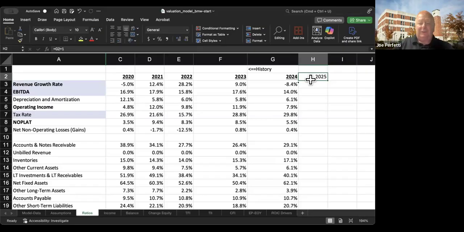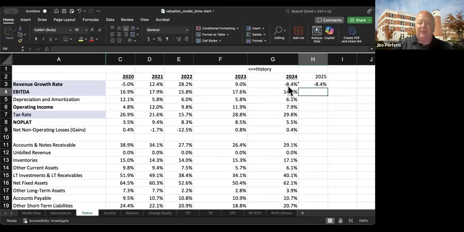Now, the first ratio that we're going to forecast is the revenue growth rate. So back here in H3, as a placeholder, we're going to assume that 2024 repeats itself. So for 2025, H3 equals G3.